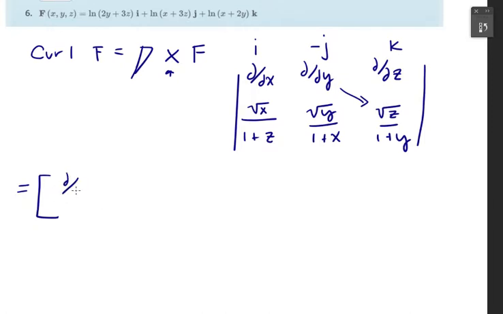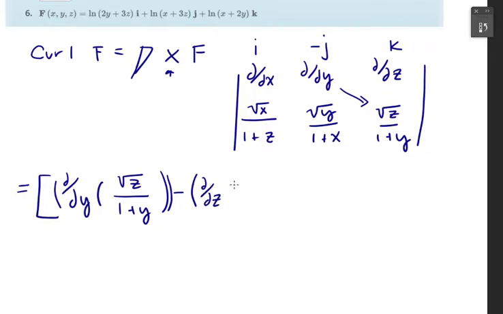partial derivative with respect to Y of Z over 1 plus Y minus, I guess we'll put parentheses there, the K column, which is partial derivative with respect to Z of, going this way now, okay.